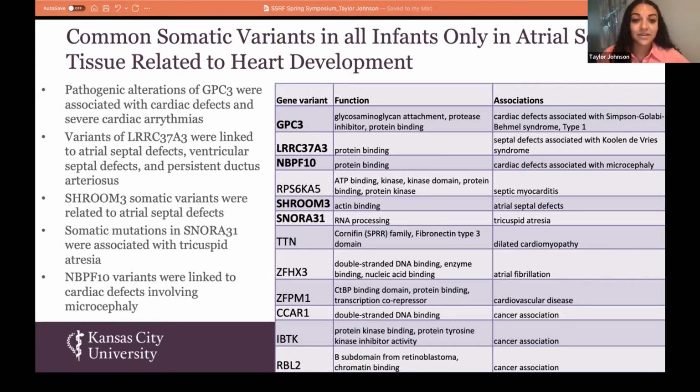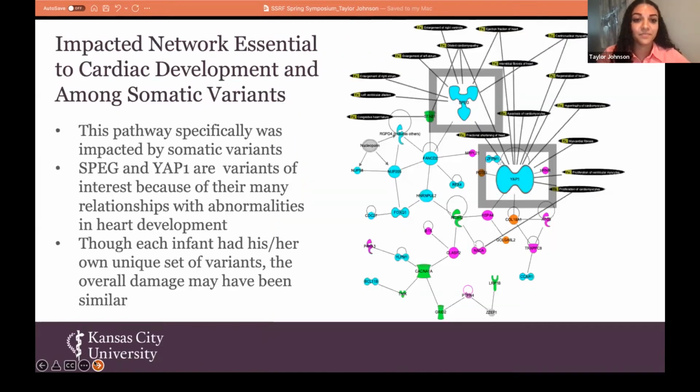I also highlighted here NBPF10, also normally associated with protein binding, that has been linked to cardiac defects associated with microcephaly. SHRM3, normally associated with actin binding, has been linked to atrial septal defects, and SNORA31, usually associated with RNA processing, has been associated with tricuspid atresia as well. Again, these were all somatic variants in the infants' atrial septal tissue only, and in all 4 infants.